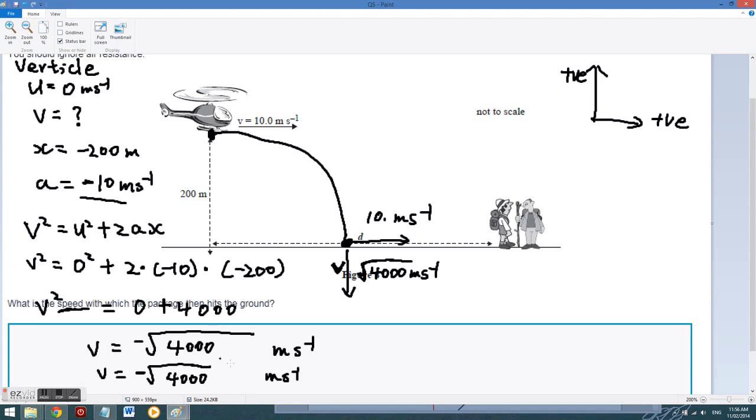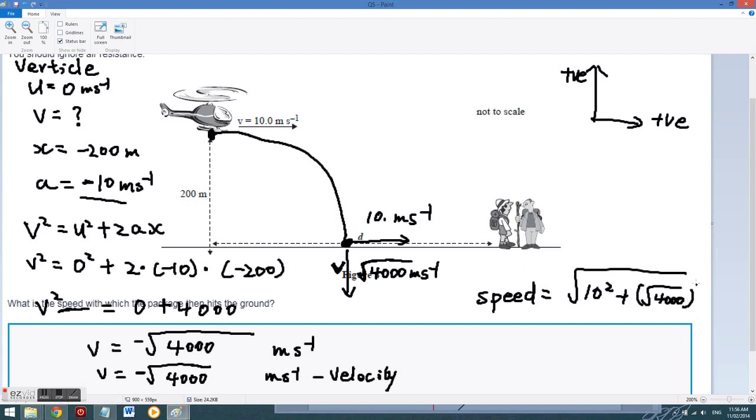The speed will be the combination of the components using trigonometry, so the square root of horizontal speed squared plus vertical speed squared, which is the square root of 100 plus 4,000.